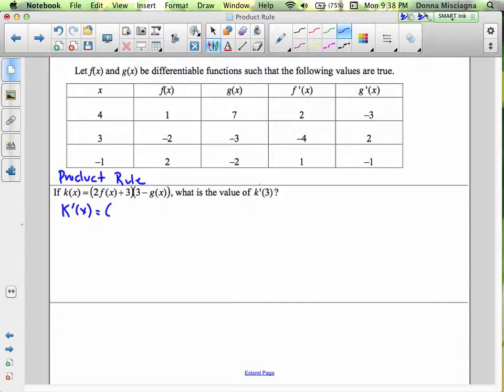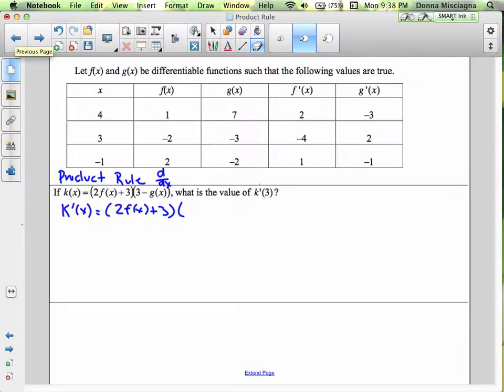Let's use the product rule, and then maybe we'll solve it the second way. All right, so the first would be 2f of x plus 3 times the derivative of the second. Maybe in class we'll solve it the second way.